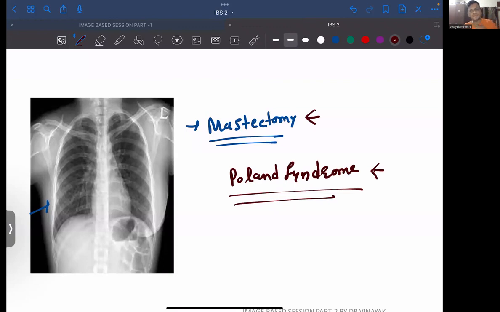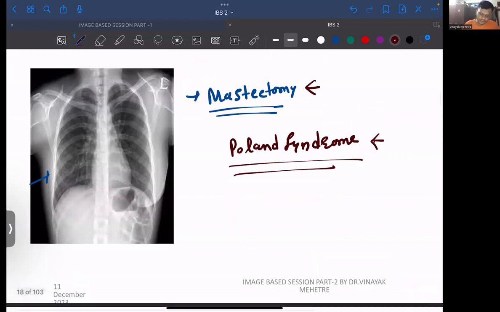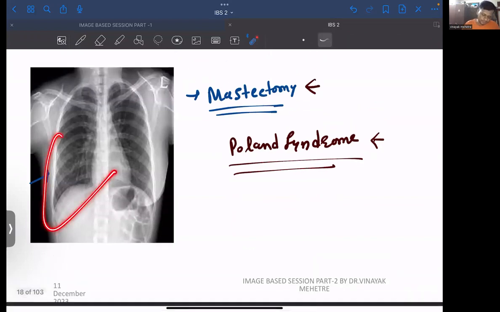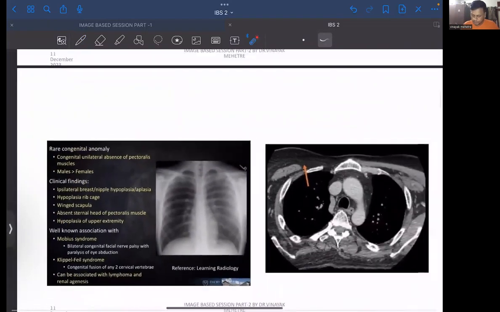Okay. What happens in Poland syndrome? What is actually absent? Which muscle? It is the pectoralis muscle which is going to be absent in Poland syndrome. That's why you are not seeing the shadow of the breast.